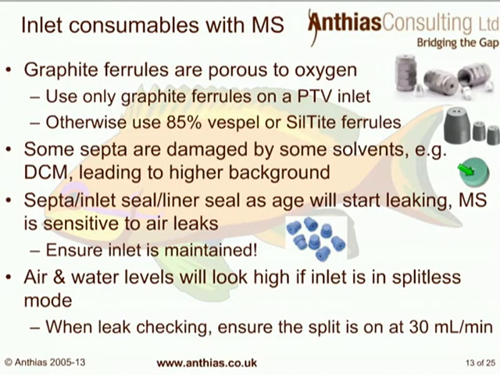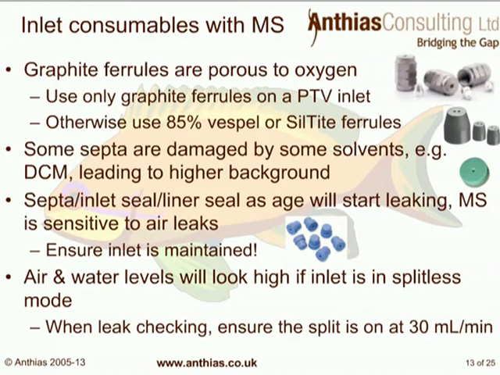As mentioned before, mass spectrometers are particularly sensitive to any background, so to get high sensitivity analysis, we need to reduce the likelihood of this. Also, as septa, the inlet seals, and the liner seals start aging, they will start leaking. Again, we don't want a leak into our mass spectrometer, so we need to ensure that our inlet is well maintained.